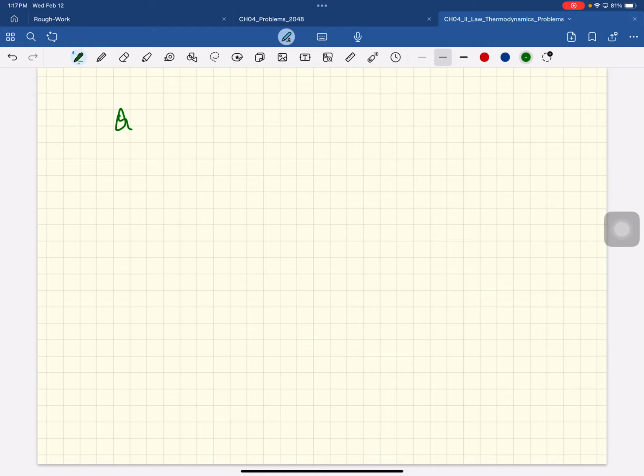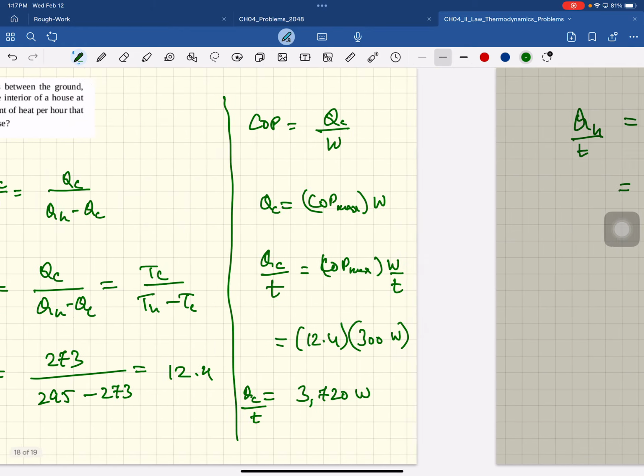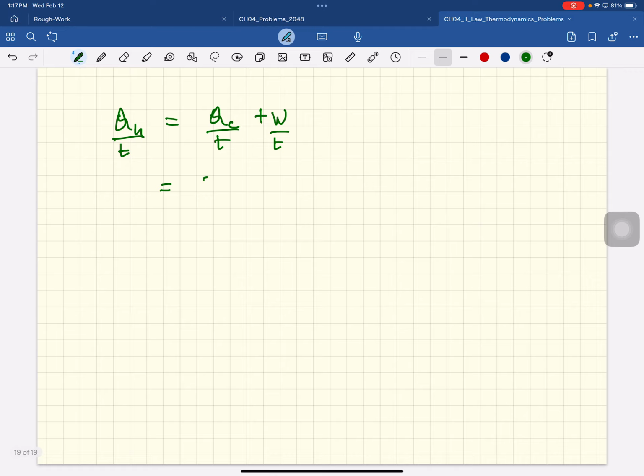The amount of heat it's dumping into the house is the QC that it extracted plus the work done, which gets converted to heat as well and gets dumped into the house. So that's 3,720 plus 300, equal to 4,020 watts.